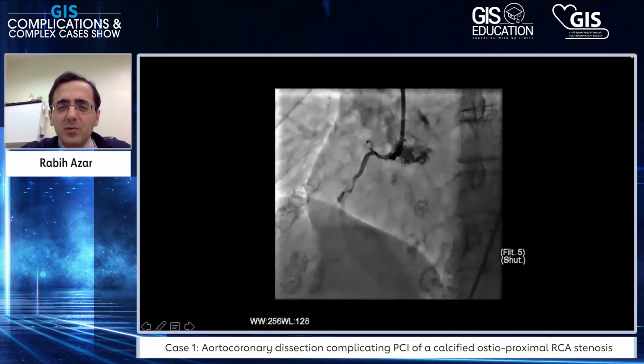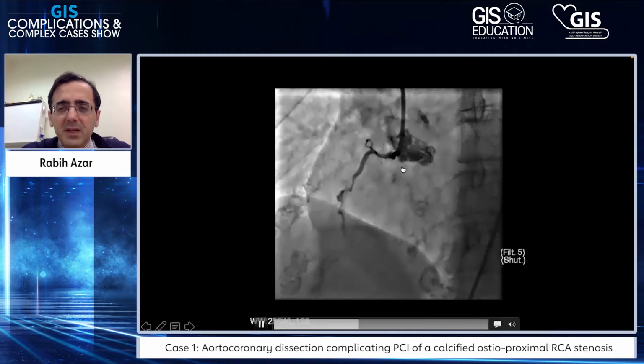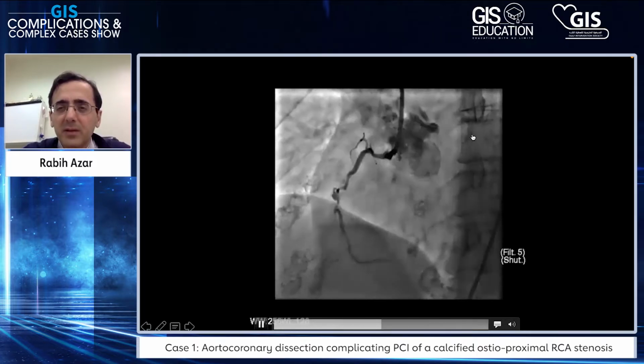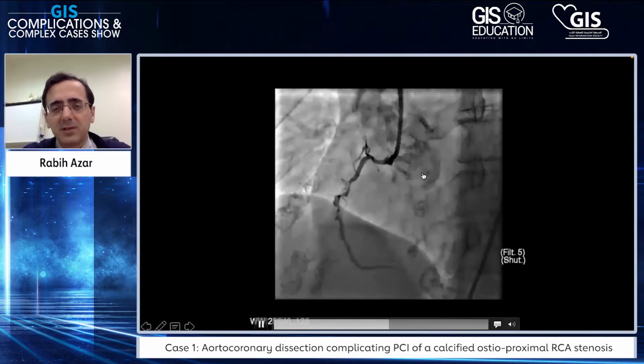And as you can see, this artery is significantly calcified, especially at the ostium, where you see a big piece of calcium here, immediately at the ostium of the vessel. You see also significant calcification on the left part of the aorta, on the left cusp, and in the LAD and the left main on the other side.